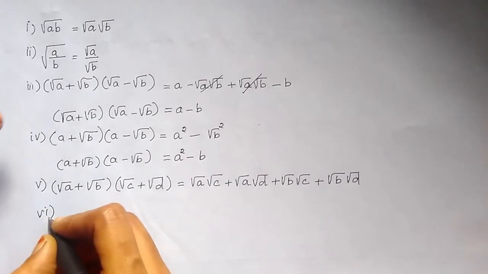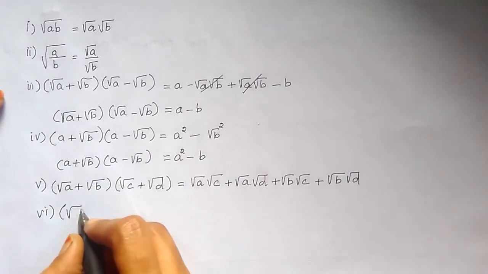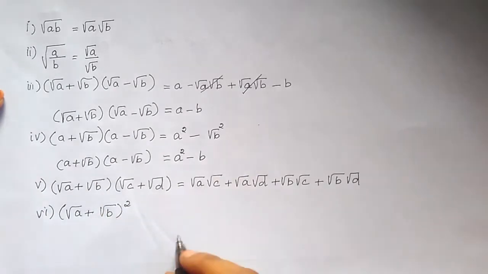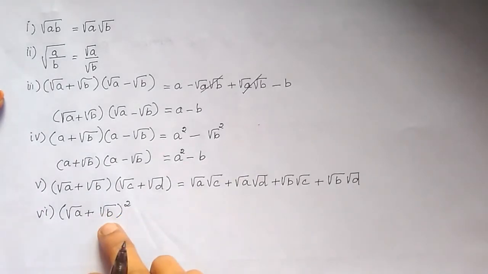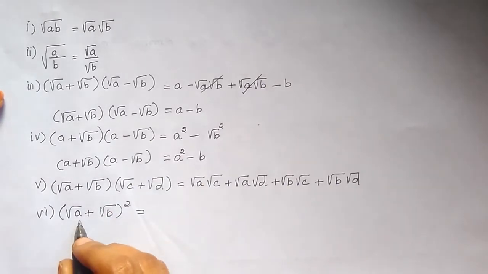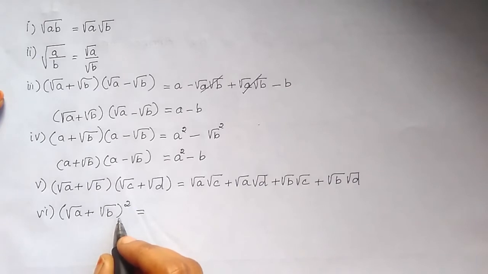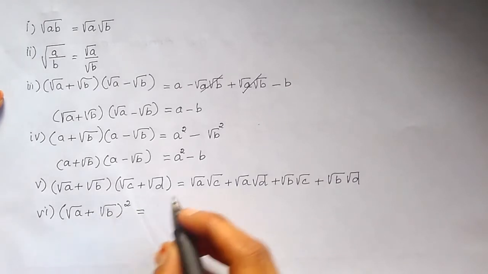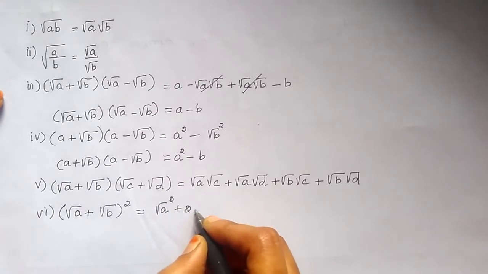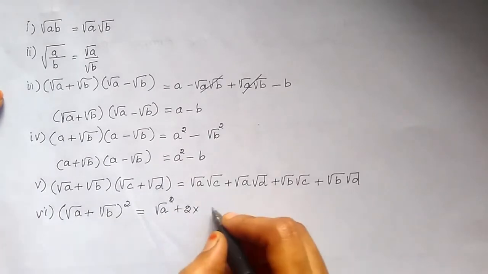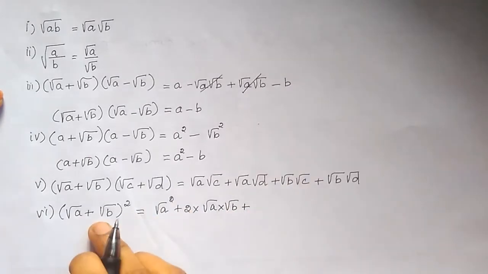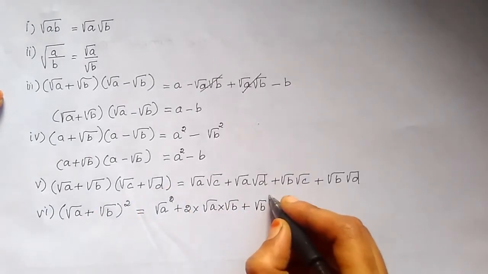Sixth identity is root a plus root b the whole square. So this is in the form a plus b the whole square. We can write a square plus 2ab plus b square. So here a is root a square plus 2 into root a into root b plus root b square.